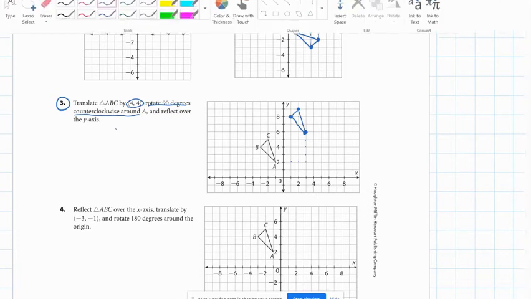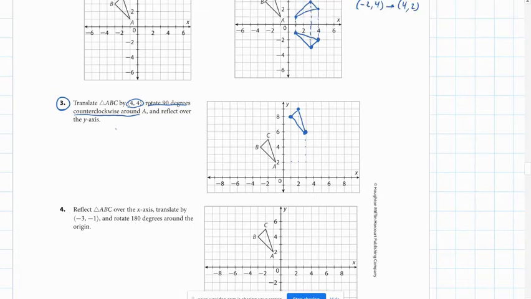And so this one, it might be helpful if you use your compass and protractor, but you can do it without, just because the 90-degree rotation is going to keep it on lines with a slope of 1 and slope of negative 1. And so when we rotate 90 degrees, this is 1, 2, 3, 4 diagonals away. So 1, 2, 3, 4 diagonals away. So point A double prime would end up there.